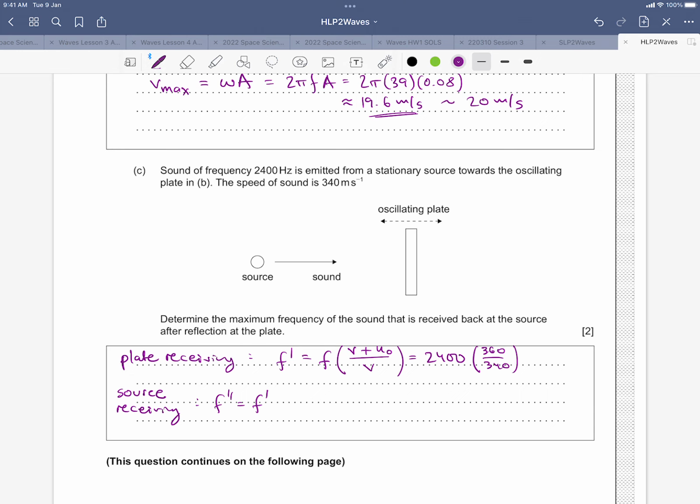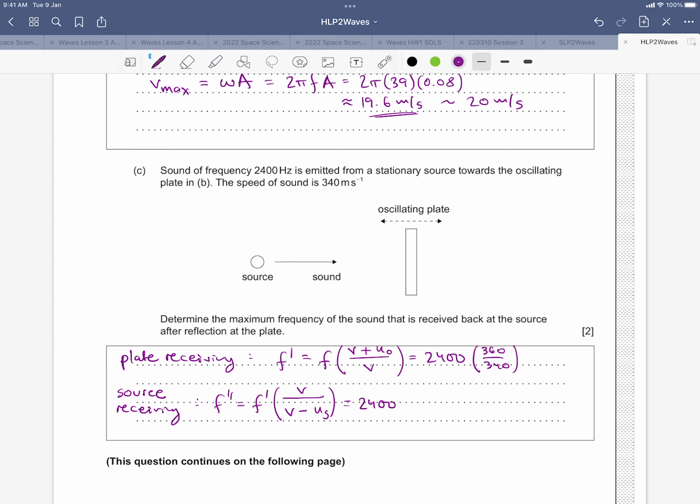So f prime is going to undergo the Doppler effect because it's a moving source. Okay, so the wavelength is going to bunch up in front of it and all that. So now it's a moving source, so we use the right formula. Is it the minus or the plus? Well, we know again that the frequency has to increase, so I need a smaller denominator, and then we can plug everything in.